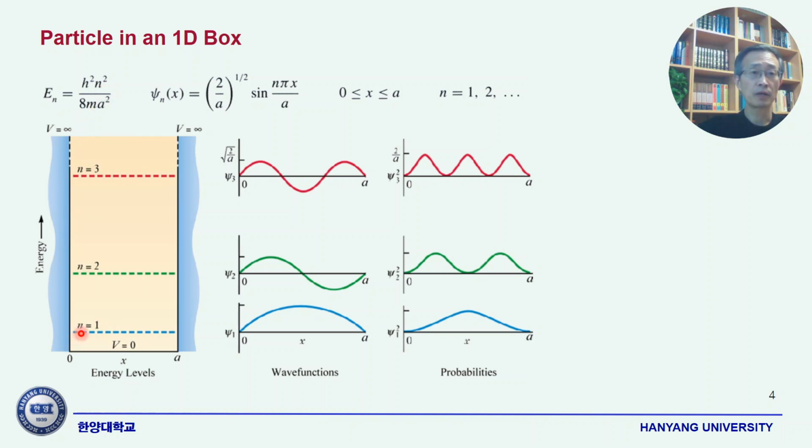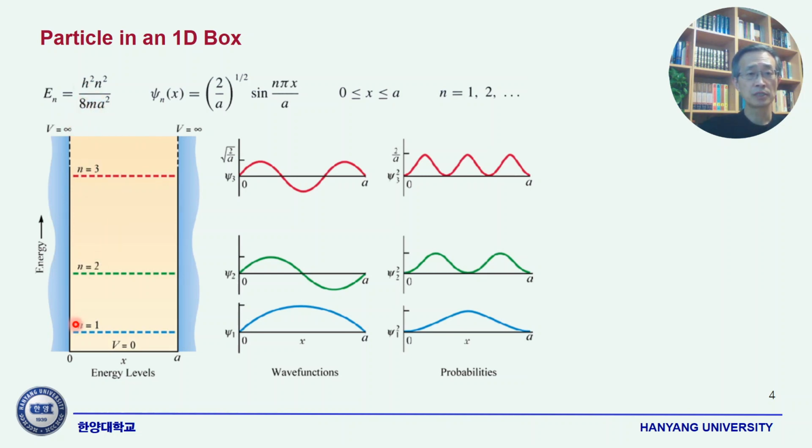For the quantum number n equals 1, E1 is h squared over 8 m a squared. So it's 1 times h squared over 8 m a squared. Then n equals 2 gives 4 times, and n equals 3 gives 9 times h squared over 8 m a squared.